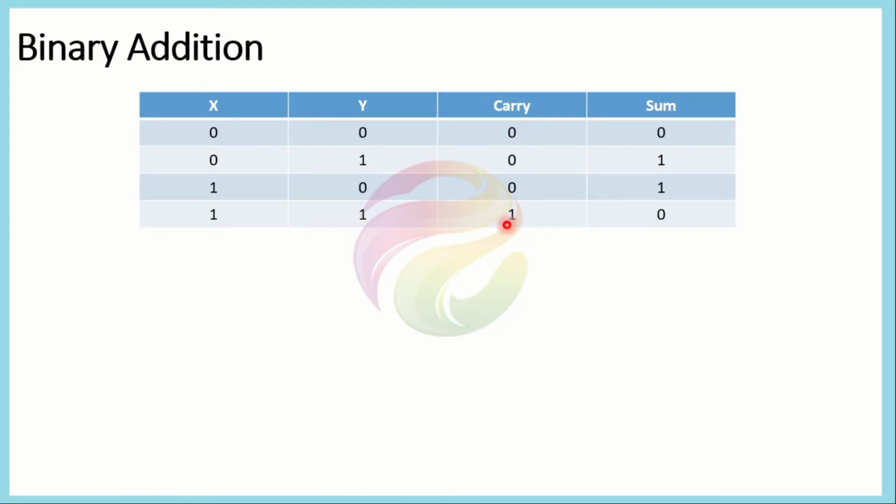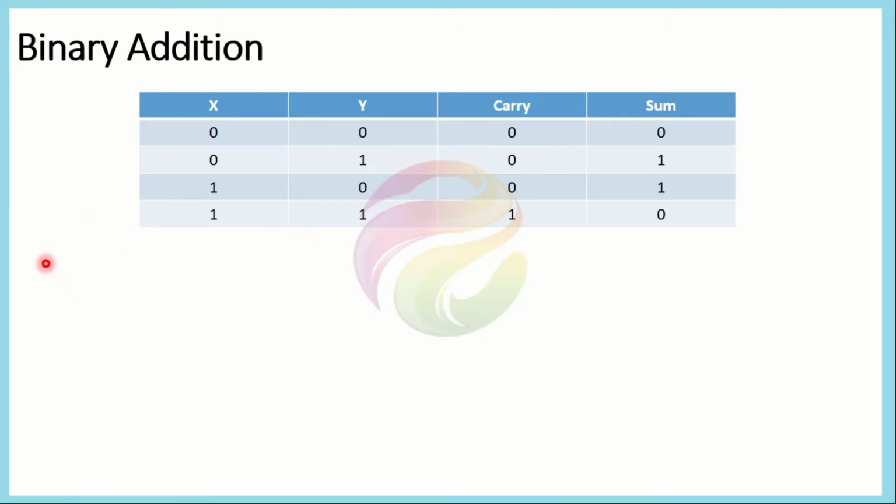If you combine this 1 and 0 in binary as 1 0, it gives a decimal equivalent of 2. So we get a carry equal to 1 while the sum is equal to 0, and this combinedly represents the value of 2, which is the actual result of 1 plus 1.